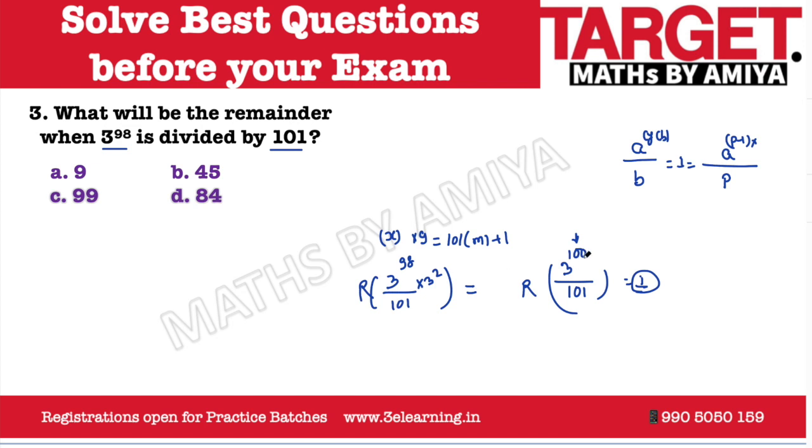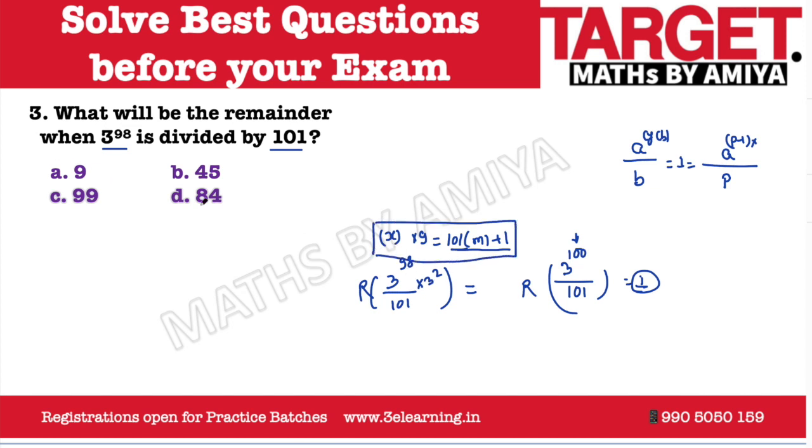We know 3 raised to the power 100 divided by 101 gives remainder 1. That is, 101 is a divisor into quotient plus 1, because the remainder is 1 as per the Euler. So 3 raised to power 98 into 9 divided by 101 should give 1, and 3 raised to power 98 is the required remainder. So we need to work on this value.